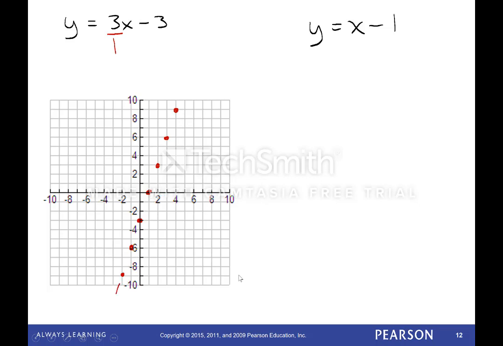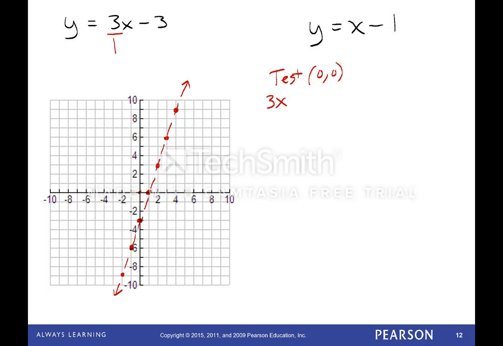So let's go for it here. I think it is a dashed line. Let me look back real quick at the previous slide just to make sure. Yeah, it's a dashed line. Arrows at the ends, and let's do a little test point here. The test point has to go back to the original inequality that we had. The original inequality was 3x minus y greater than 3.